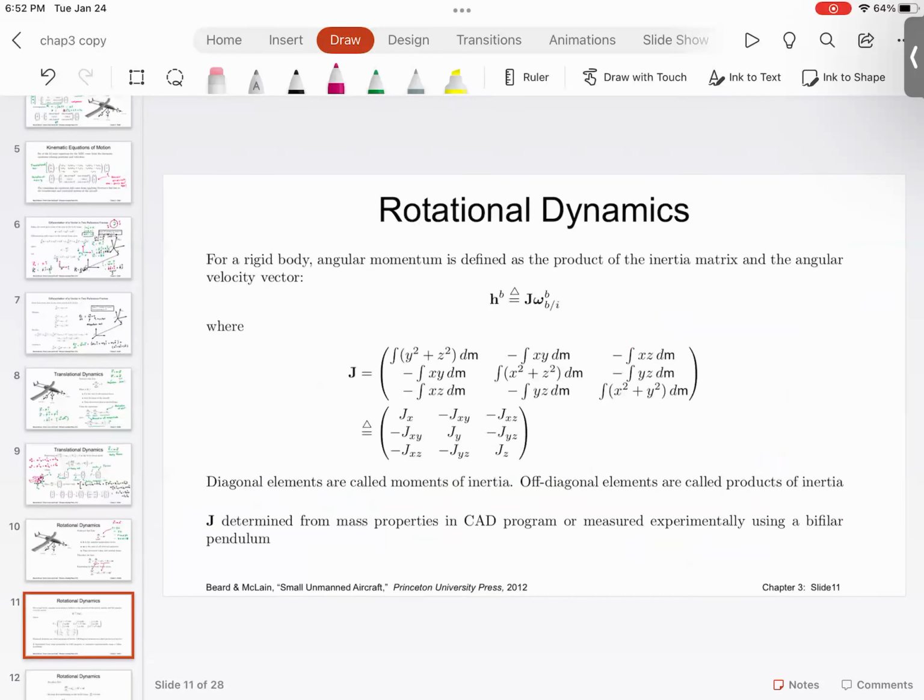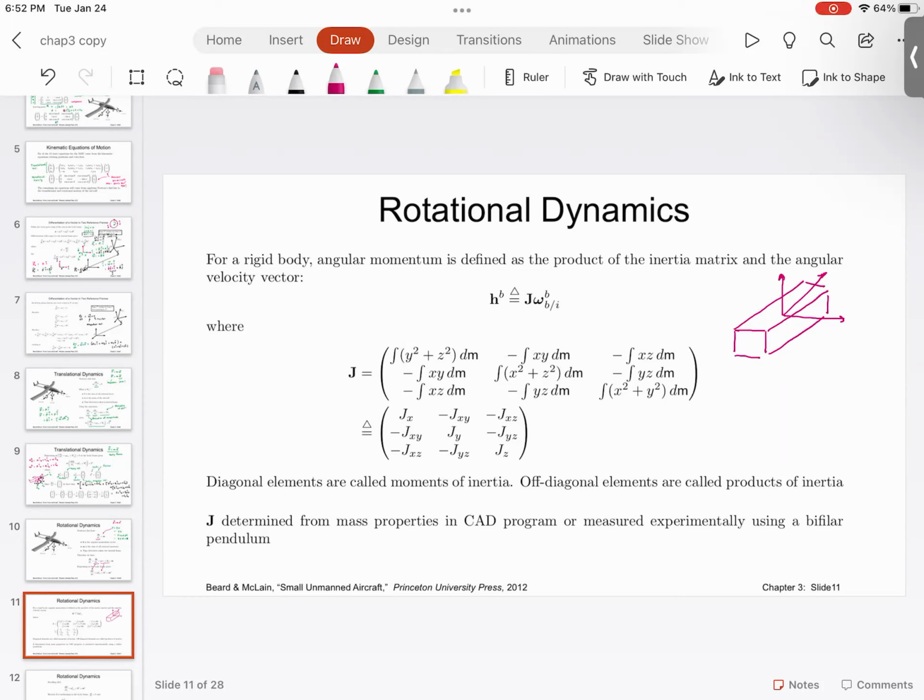So for an example, if you have a rectangular object, and we studied this in robotics 1, and you consider its principal axes, you can find out the mass moment of inertia about those axes. So you have y square plus z square dm, x square plus z square dm, x square plus y square dm.